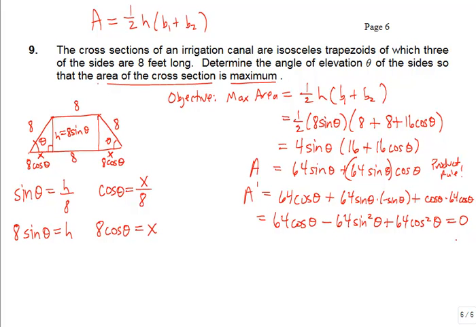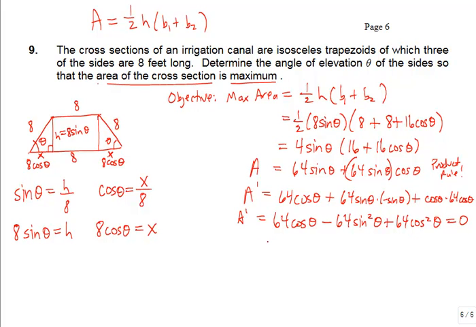It never becomes undefined because sine and cosine are always defined. So to find out where this is 0, we're going to have to solve this trig equation, and usually that's easiest if you're only dealing with a single type of trig function. We have sines and cosines going on, so it's probably a good idea to eliminate this sine squared function so that I can rewrite everything in terms of cosines.